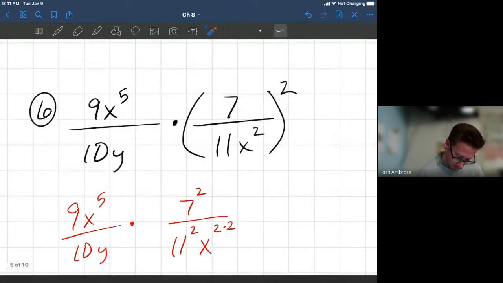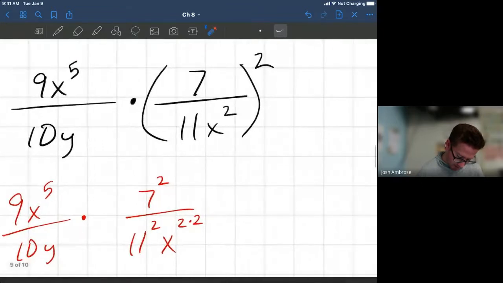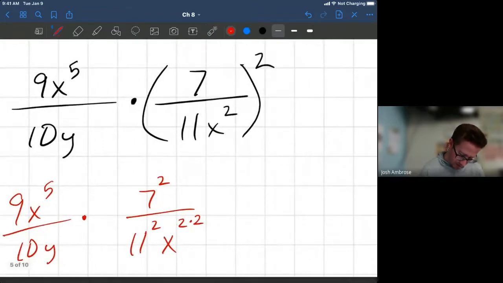Yeah, of course, not too much space left here. So let's simplify what we have. All right. Equals. I might save some space here. Let's see if we can do that. We're going to get 49.